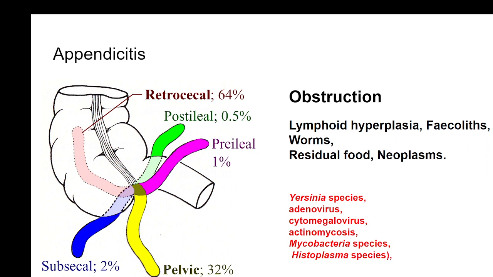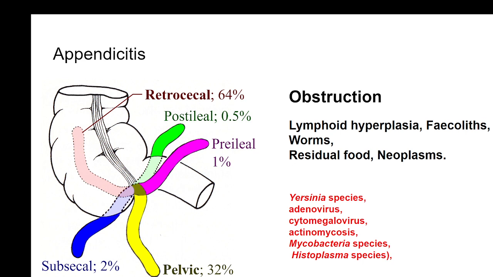Normally the appendix has some amount of lymphatic tissue. But if that lymphatic tissue becomes proliferated, increased in quantity, it also can result in obstruction. The triggering factor for the lymphatic tissue to become hyperplastic could be any other infective pathology in the abdomen, or even infective pathology within the intestines, as occurs in food poisoning and so on.